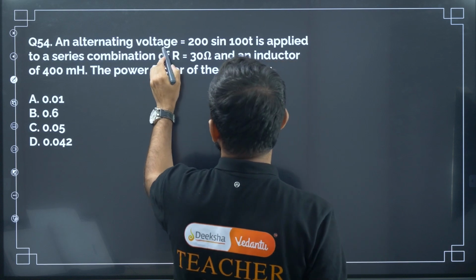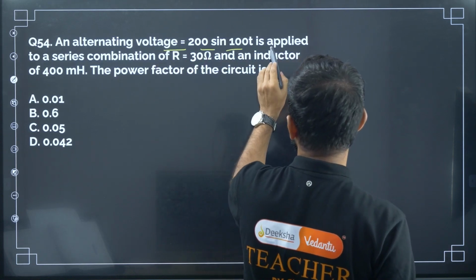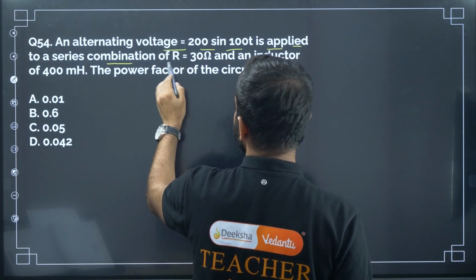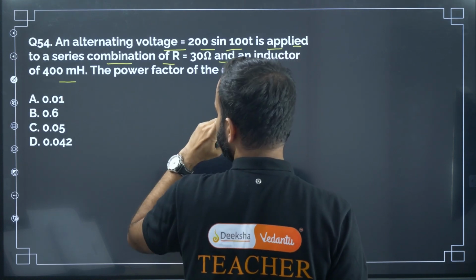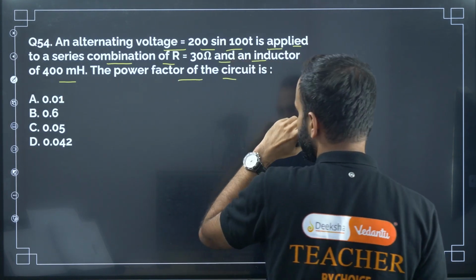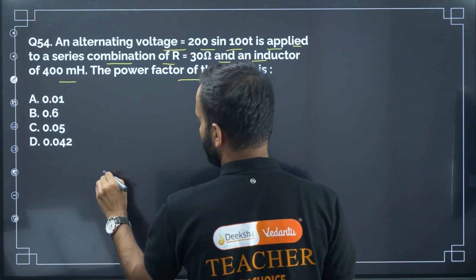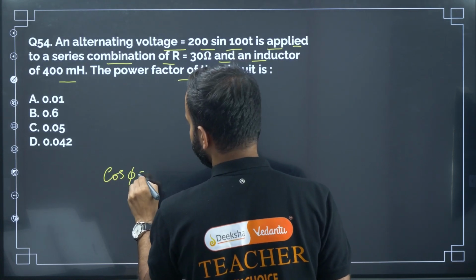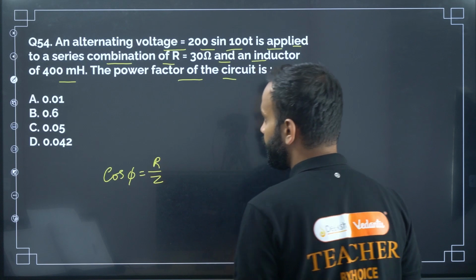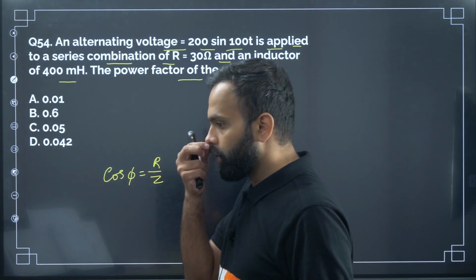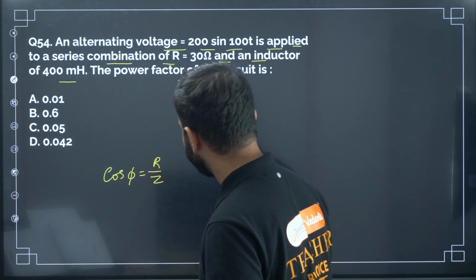An alternating voltage 200 sine of 100t is applied to a series combination of R equal to 30 ohm and an inductor 400 millihenry. The power factor of the circuit is, so power factor cos phi is equal to R by Z, right?